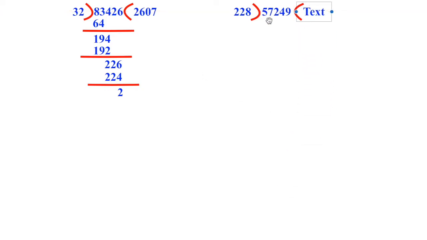Take only the first three. 228: 2 eights are 16, 1 carry, 2 twos are 4, 5, 2 twos are 4. Yes, 2 will go. 3 will not fit because 3 twos are 6, which is more than the required number. So that is the reason why we took 2. 2 eights are 16, 1, 2 twos are 4, 5, 2 twos are 4. So that is 456, right? We need this line, I suppose. Yes, then take this line.